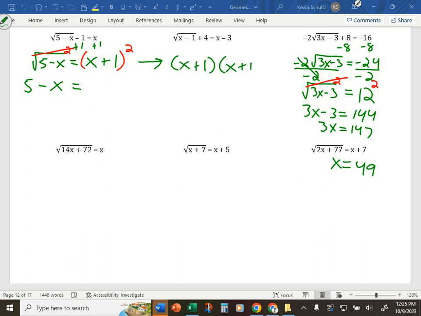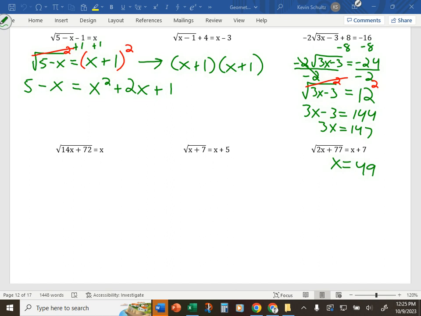You have to FOIL, or use the box method. So you do the work, you ultimately get x squared plus 2x plus 1, which means what type of equation do we have here?